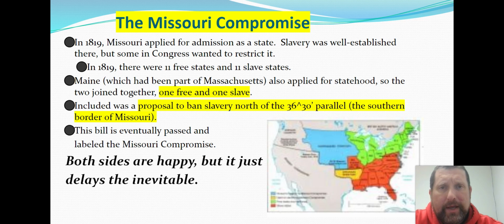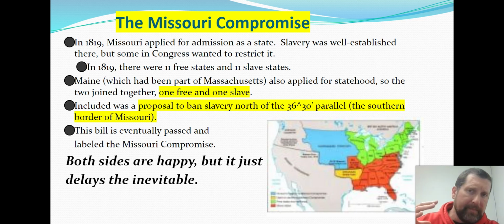And we're going to get to the first of a series of compromises that I would frame essentially as kind of kicking the can down the road, as America heads towards a civil war.